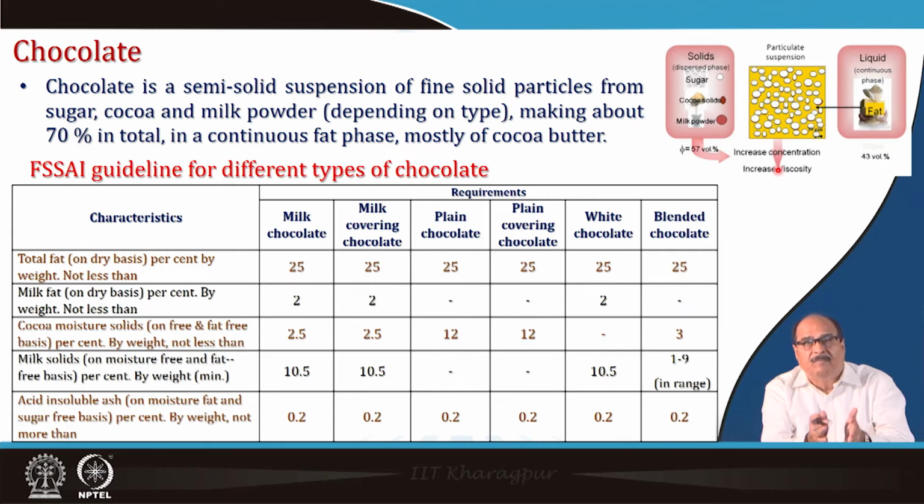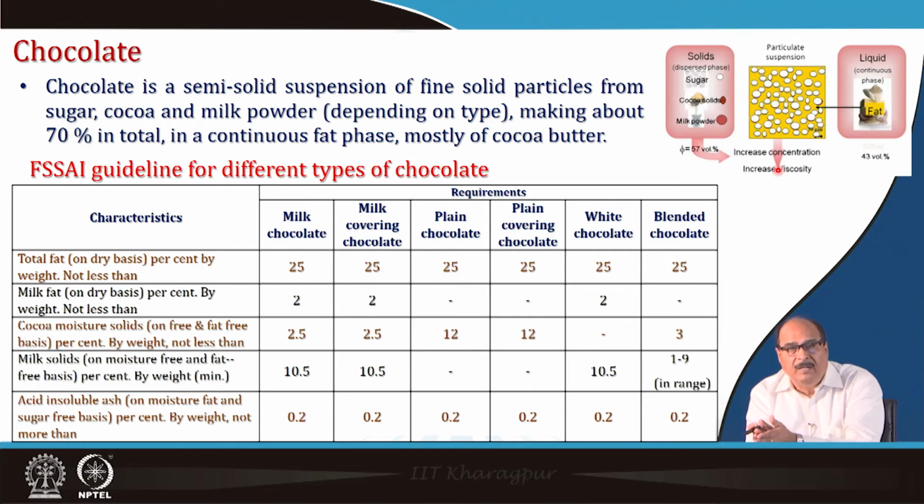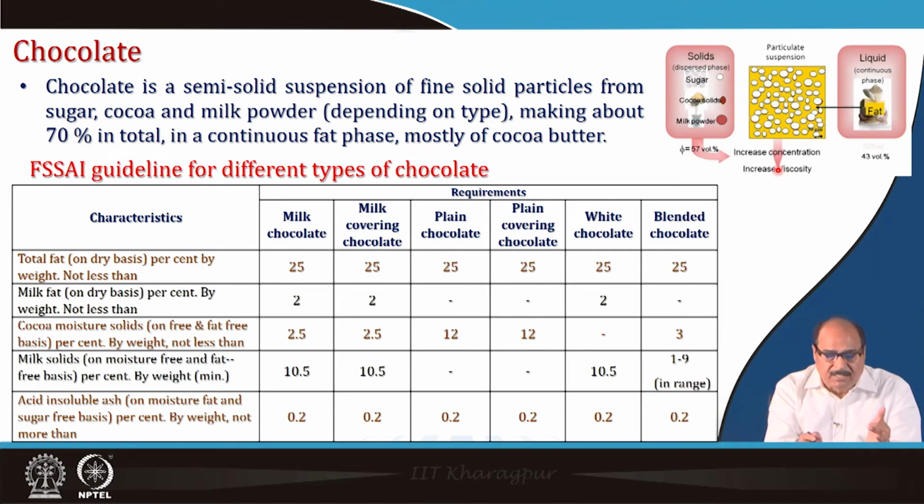Depending upon this, various types of chocolates are made, and accordingly the total fat, that is the cocoa butter or cocoa fat, should not be less than 25%, and other regulations are also there in that. In the milk chocolate around 10.5% minimum by weight there should be milk solids and so on.